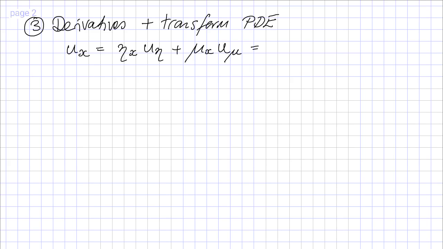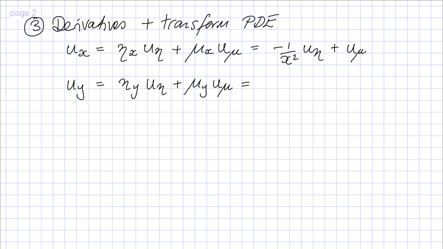And we've already worked out derivatives in the Jacobian, so this is minus 1 over x squared du by d eta plus du by d mu, and for du by dy, the same thing: d eta by dy du by d eta plus d mu by dy du by d mu, and here we just get one term, and this is 1 over y du by d eta.